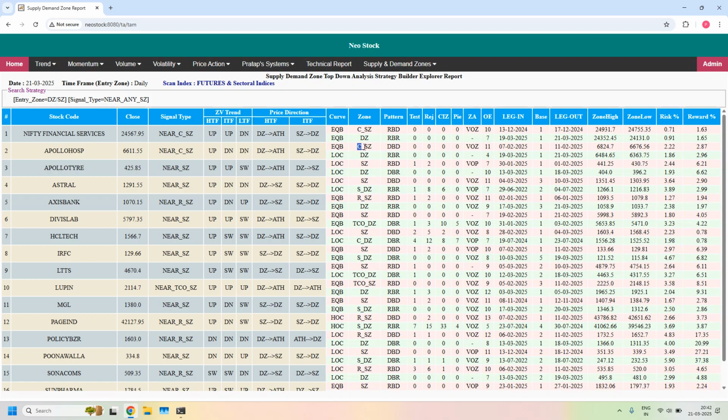Next, Apollo Hospital is having a high liquidity daily supply zone. Axis Bank is having a daily high liquidity supply zone. Next, Page Industries is having a daily high liquidity supply zone.